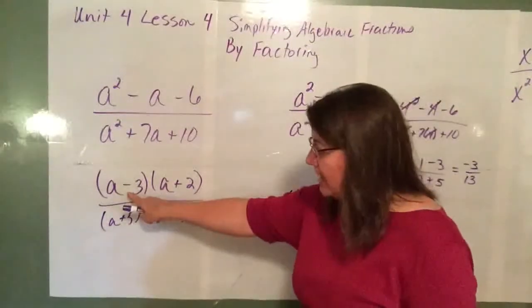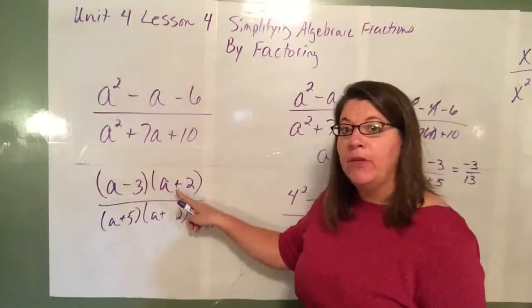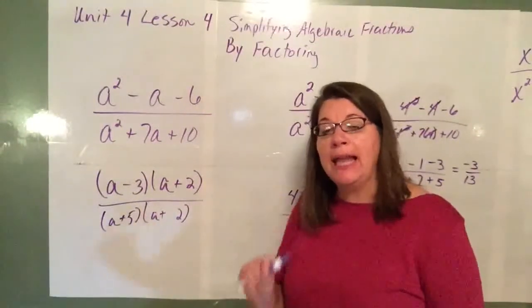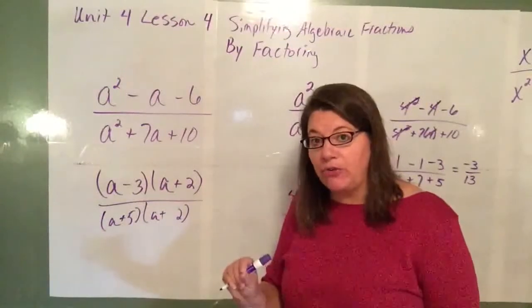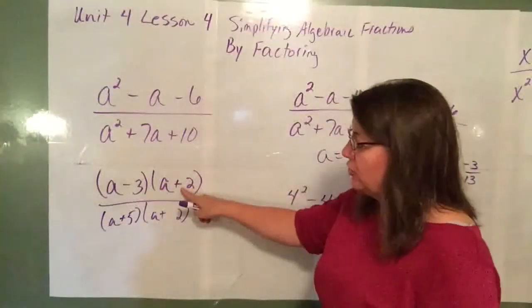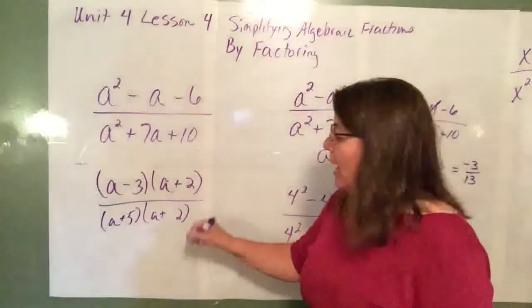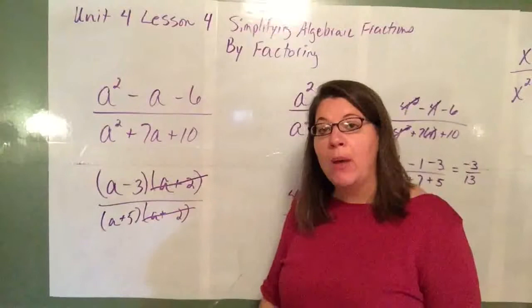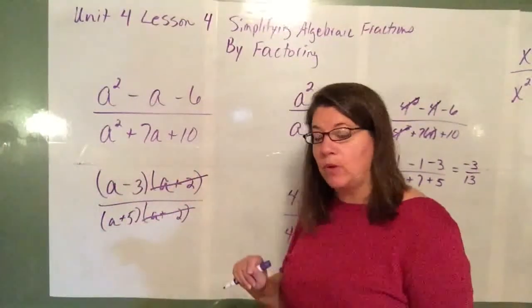A minus 3 is a factor and a plus 2 is a factor. These 2 factors are multiplied together. You're only allowed to cancel complete factors, okay? So this factor, a plus 2, matches this factor, a plus 2. I'm allowed to cancel those out because they are both multiplying everything else in that section, okay?